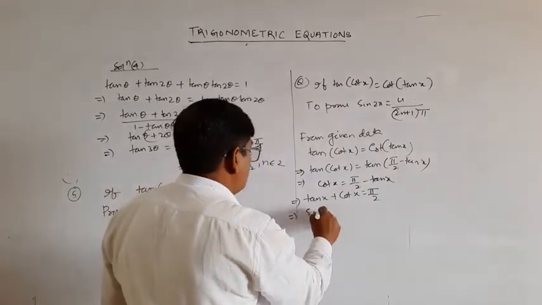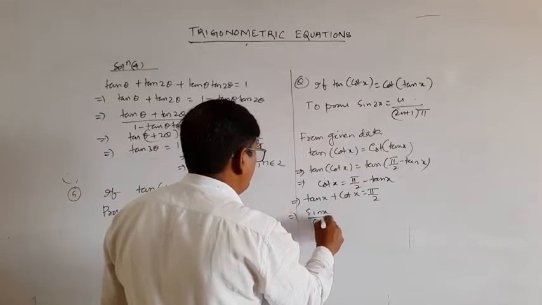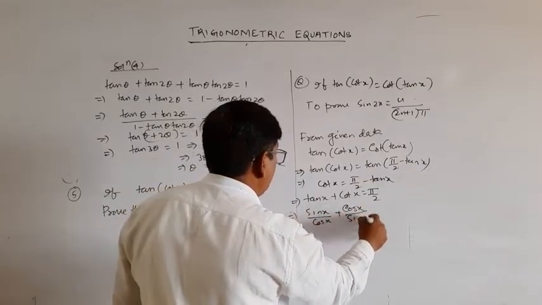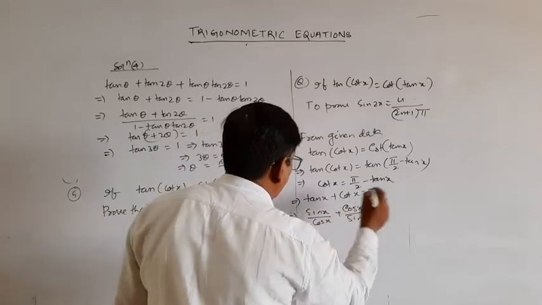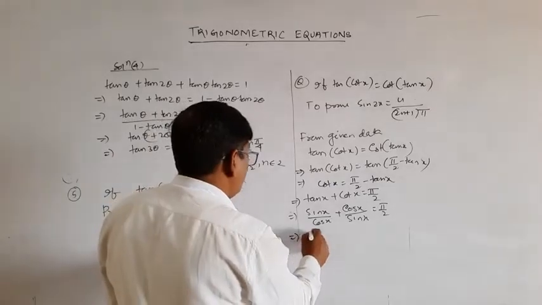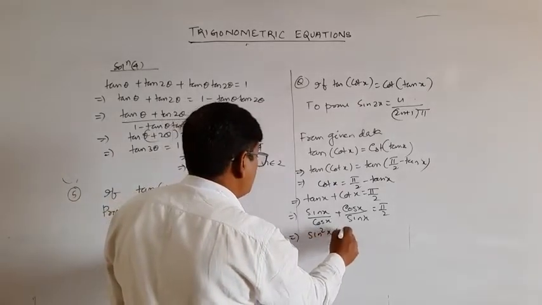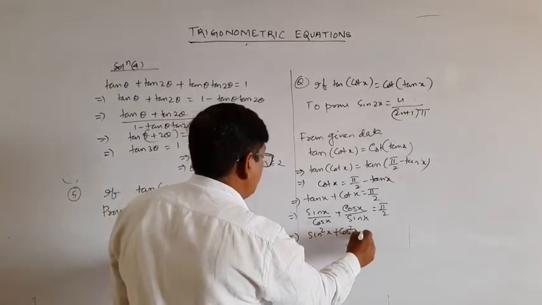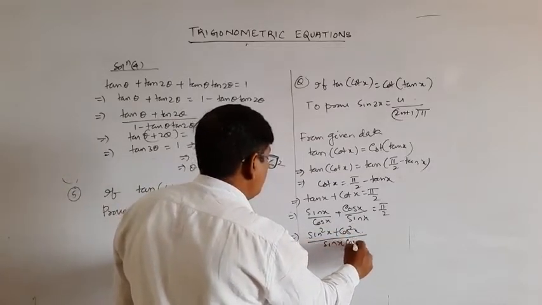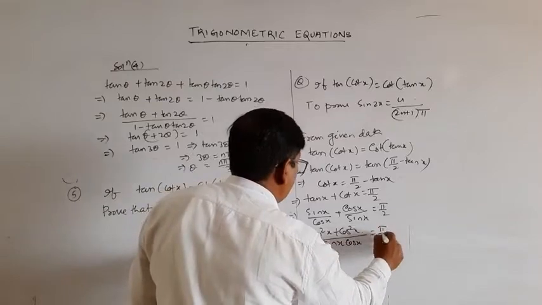So write this: sin x by cos x plus cos x by sin x is equal to pi by 2. Now taking LCM here, that is (sin square x plus cos square x) divided by sin x into cos x is equal to pi by 2.